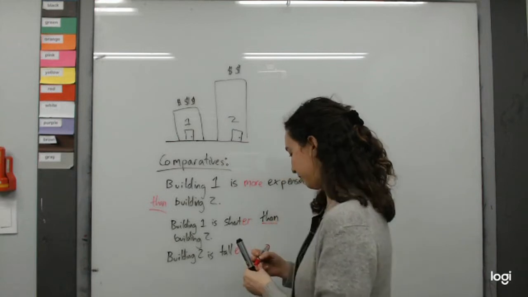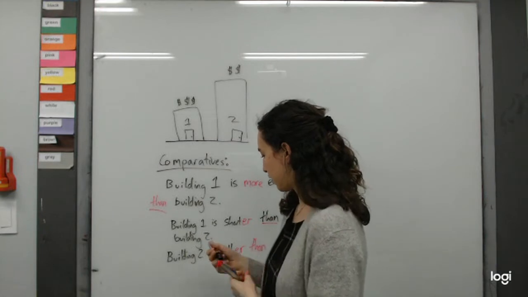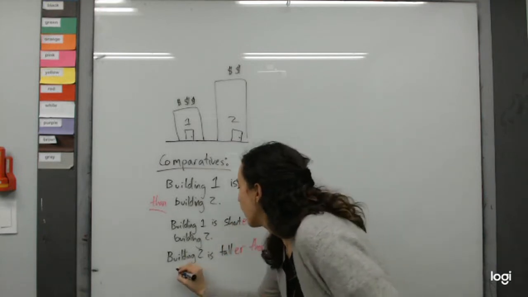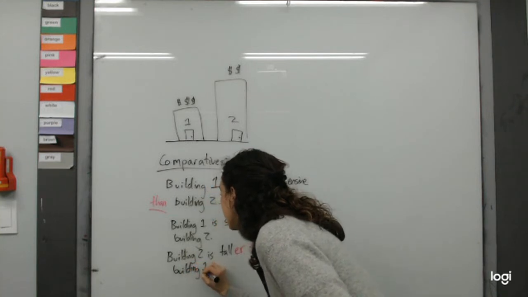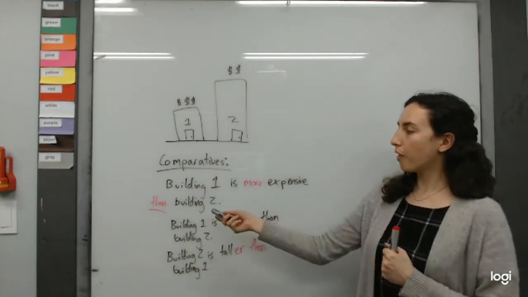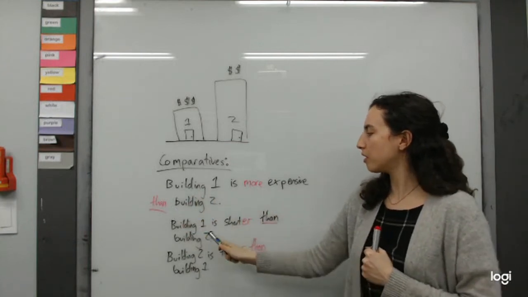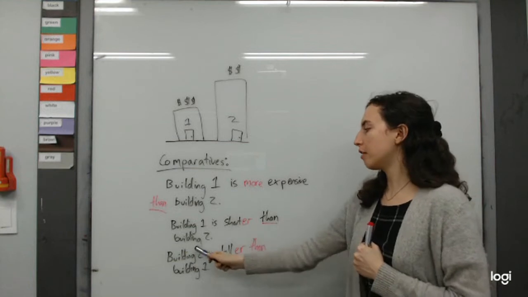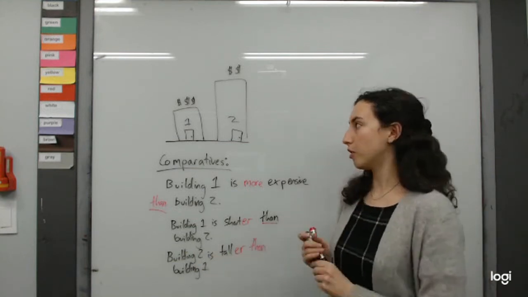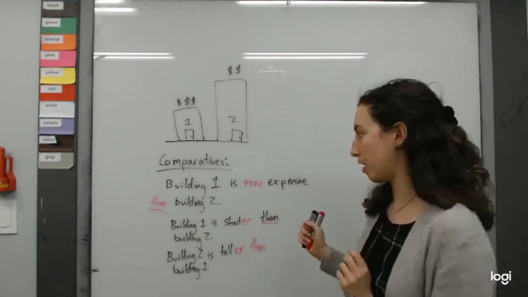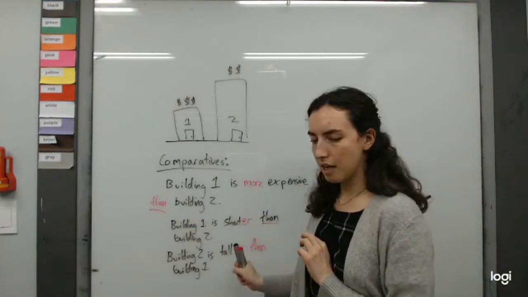Don't forget than. Building 1. So we can see when we write the sentence, building 1 is more expensive than building 2, and building 1 is shorter than building 2, and building 2 is taller than building 1. Okay, so that's our quick review of comparatives. You need to remember to use more, than, and er.